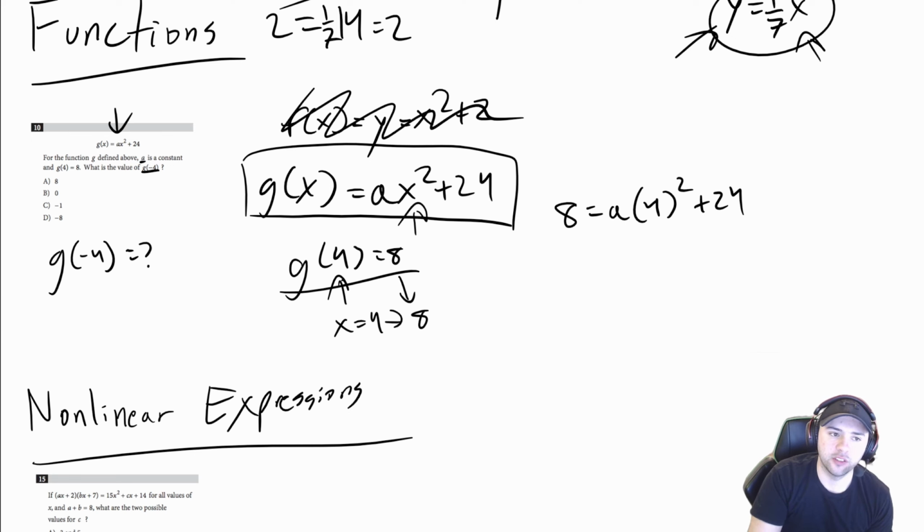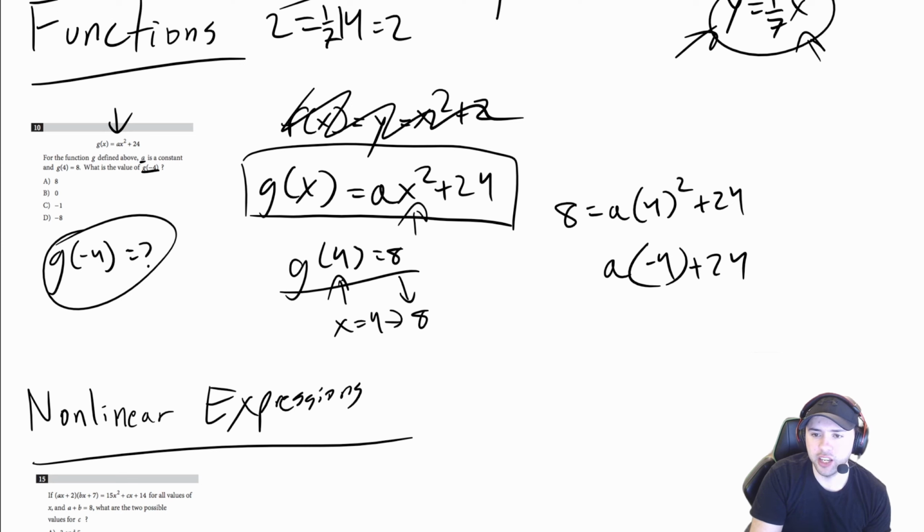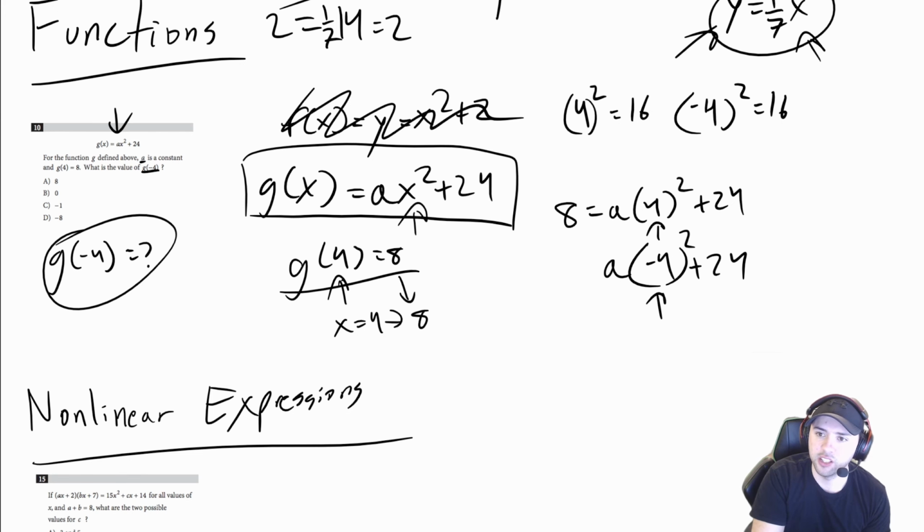And actually, some of you might notice that if we plugged in negative 4 here, which is what we're going to want to do in a second, we would actually get the same thing because negative 4 squared is going to be the same thing as positive 4 squared, right? 4 squared is equal to 16, and negative 4 squared is also equal to 16.